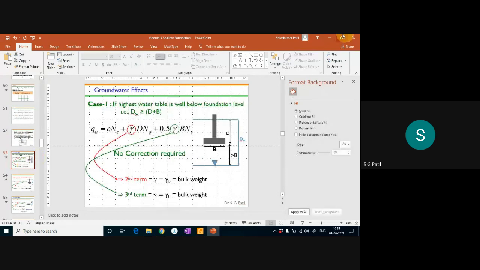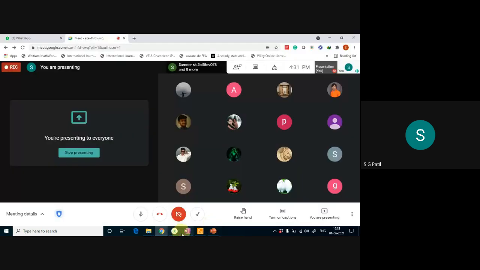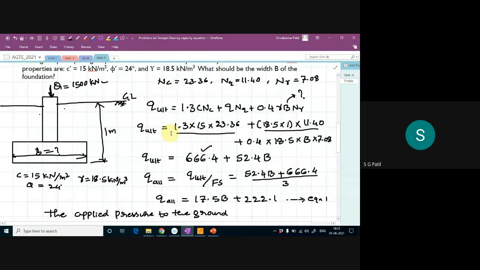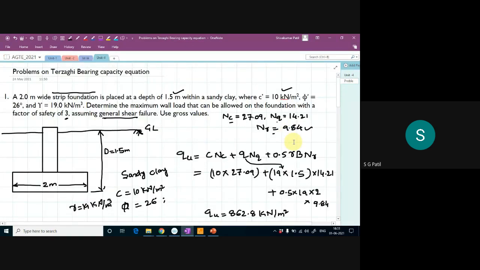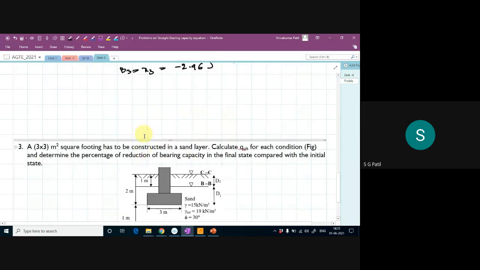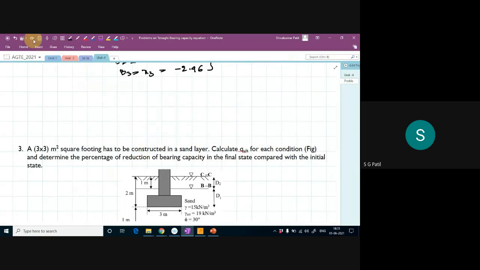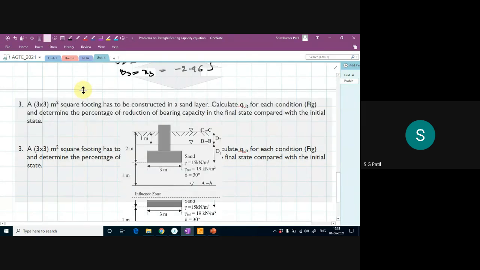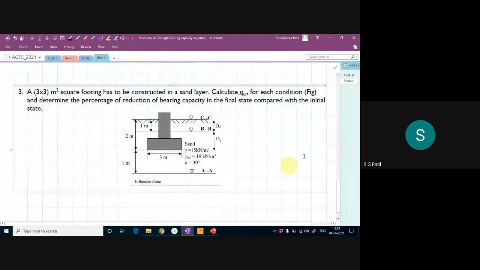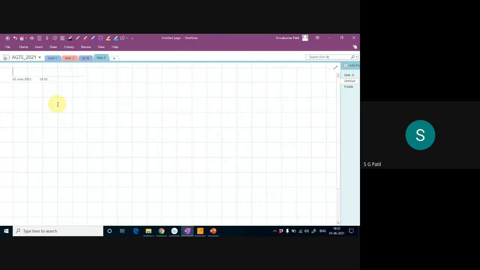So I will recap those things, just brush up your mind with those correction factors, then I will take this problem, which is based on the water table.